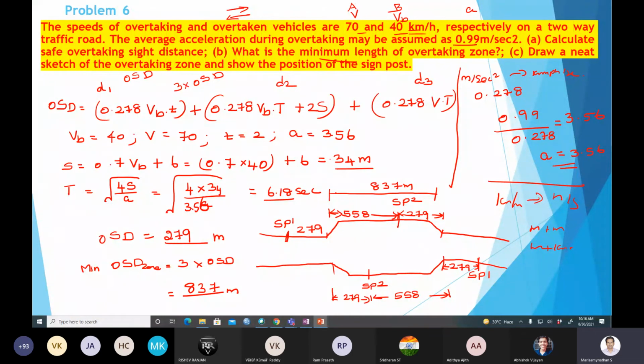So this is an overtaking zone we are designing by considering the minimum length of the overtaking zone, which is nothing but the OST value, and also where to fix the signposts. It is a simple problem, and sometimes the main tricky point is the unit. It makes a lot of conflict as well as confusion.